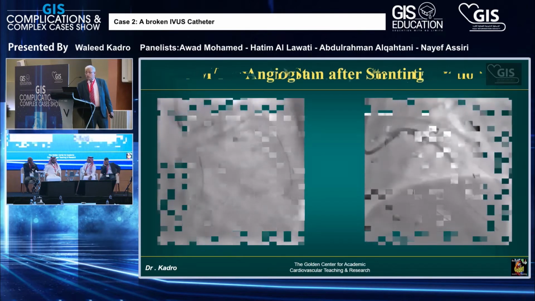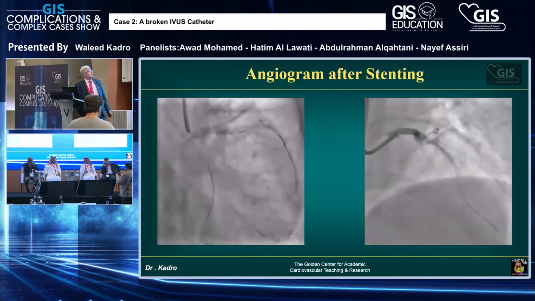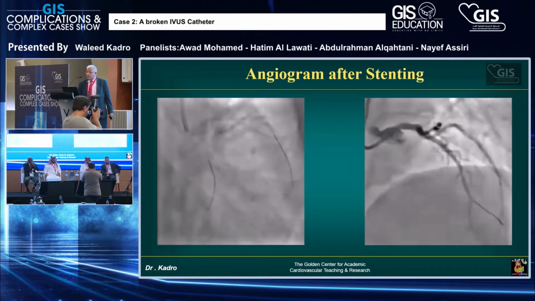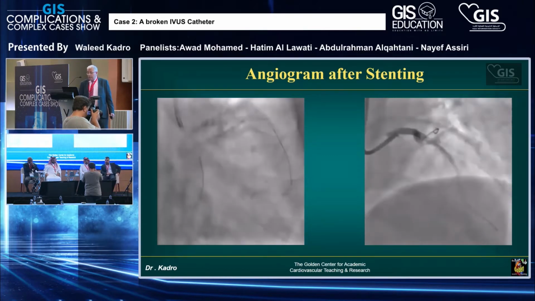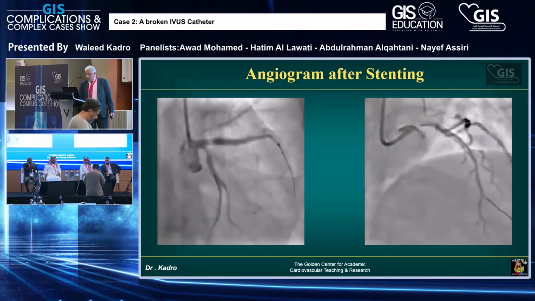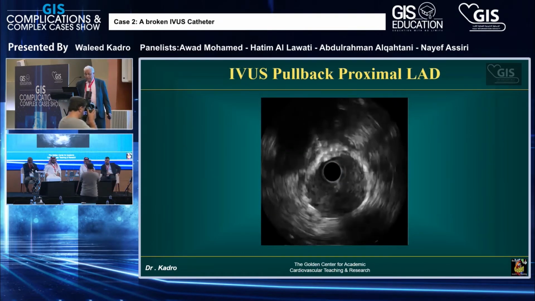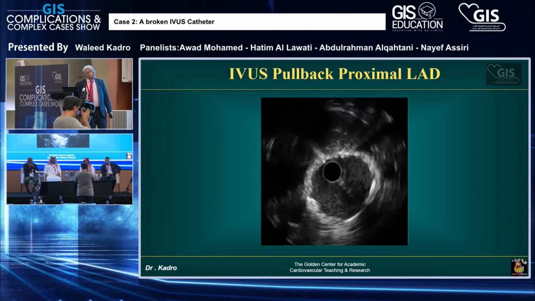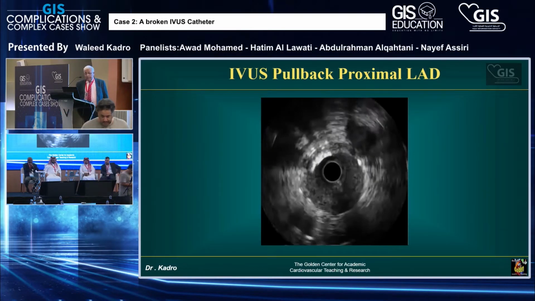So whether to do anything further, we put a wire in the circumflex and decided to do IVUS since we are working on the left main. So this is the IVUS pulled back from the proximal LAD back to the left main, and we see a well-opposed stent in the LAD.